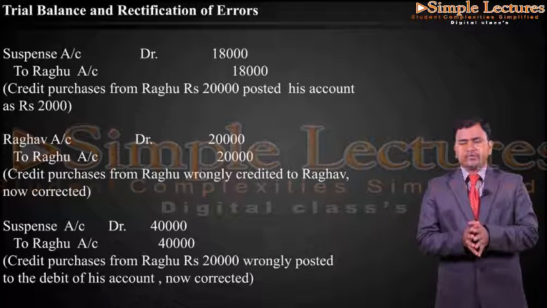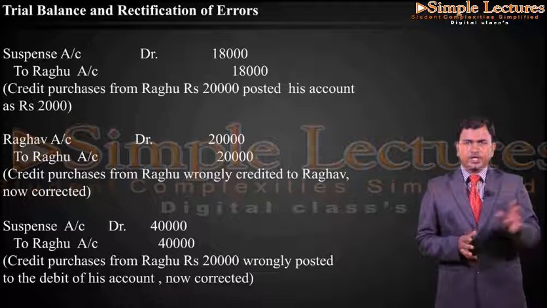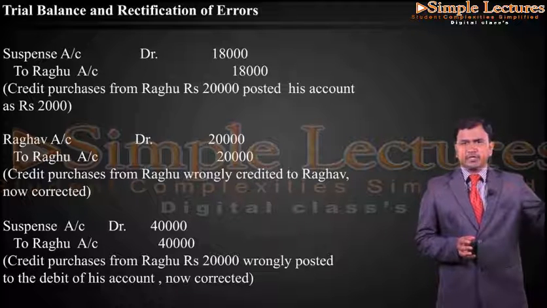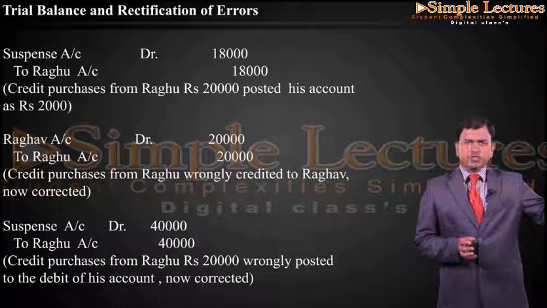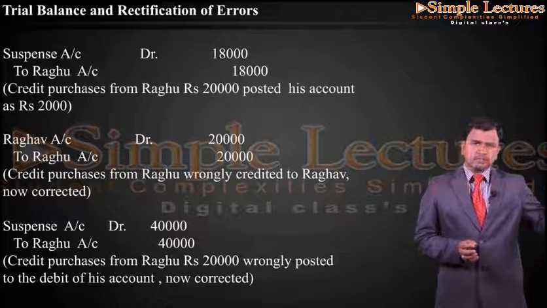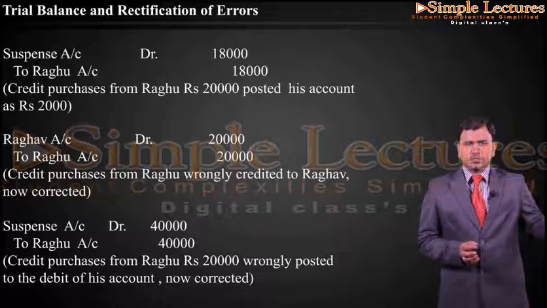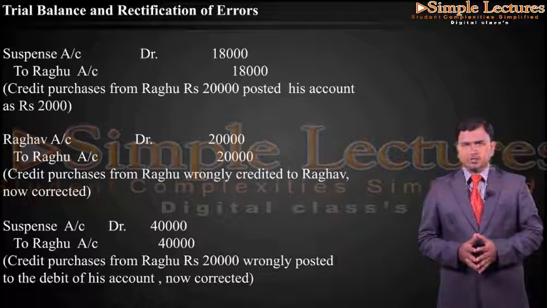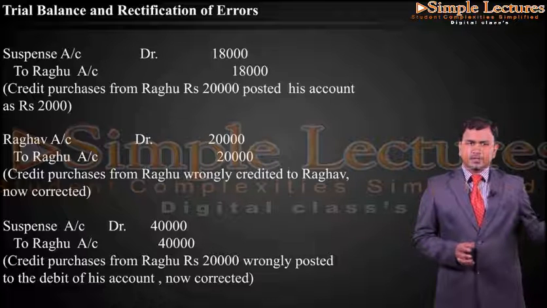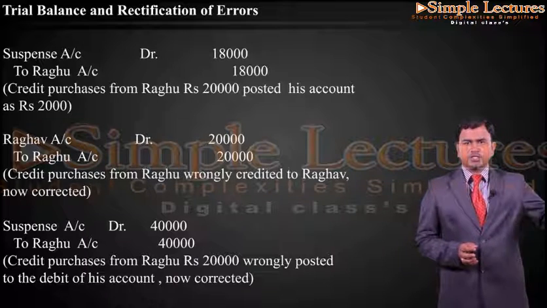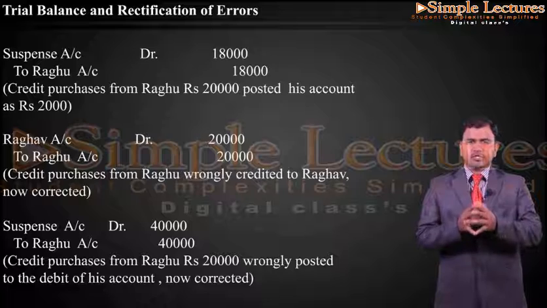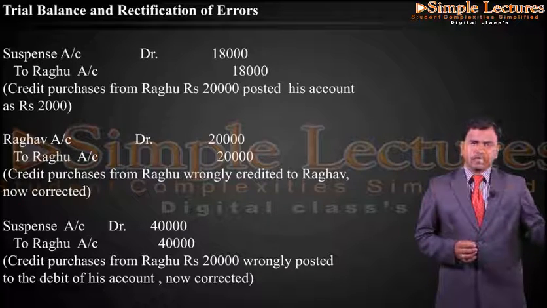To rectify that 20,000 we have to pass one entry, and to overcome the value the entry will be added here. So 20,000 to equalize the balance and 20,000 to bring up the balance here. So the entry is suspense account debtor 40,000 to Raghu's account 40,000, and the narration will be credit purchases from Raghu rupees 20,000 wrongly posted to the debit of his account, now corrected.